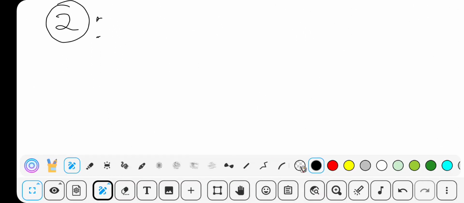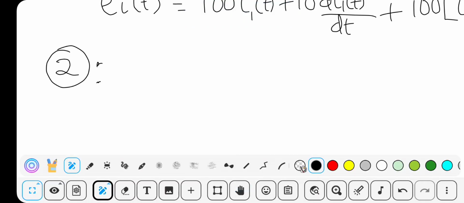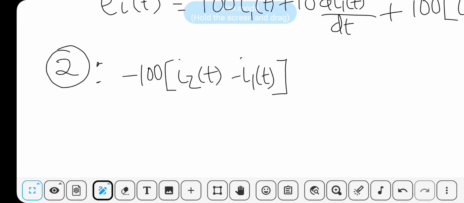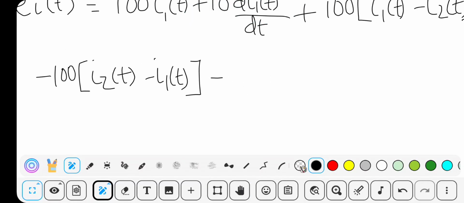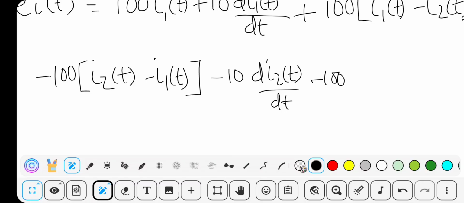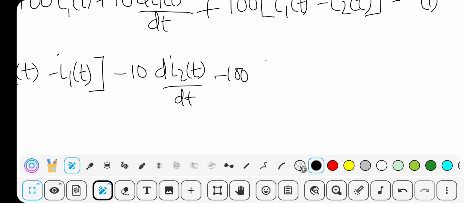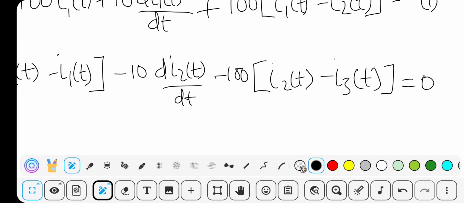Going clockwise, this gives you minus 100 times I2(t) minus I1(t), minus 10 dI2(t)/dt, minus 100 times I2(t) minus I3(t), which is equal to 0.